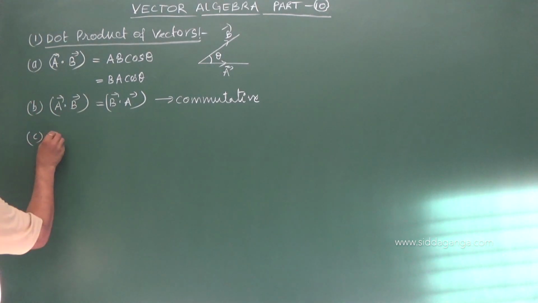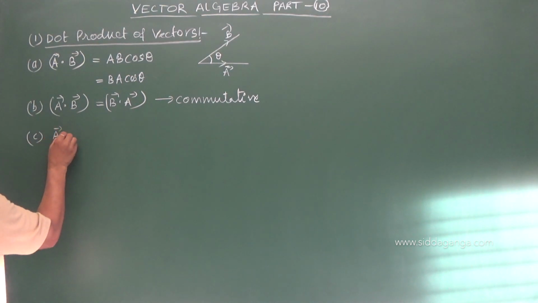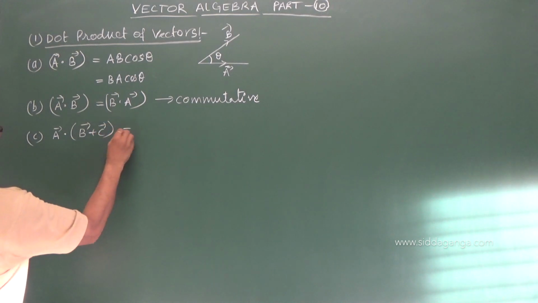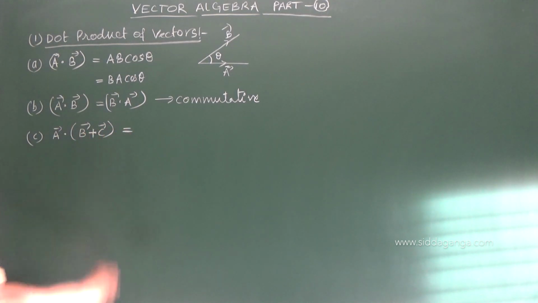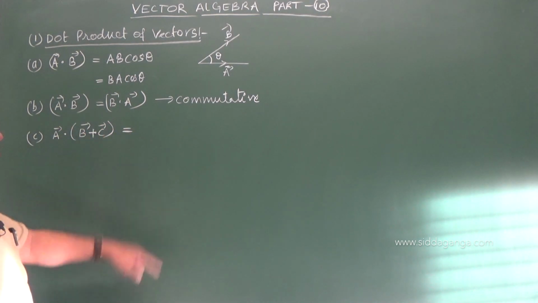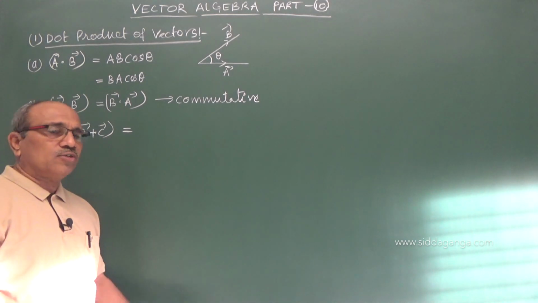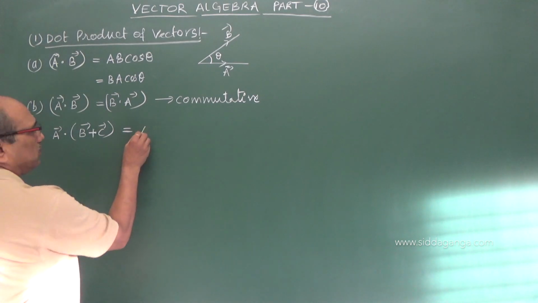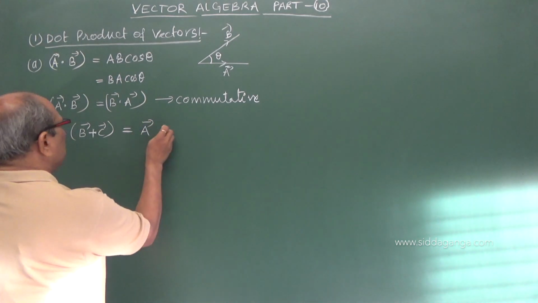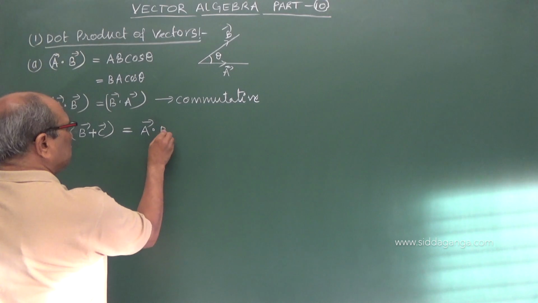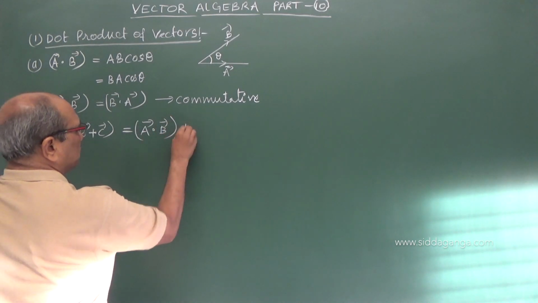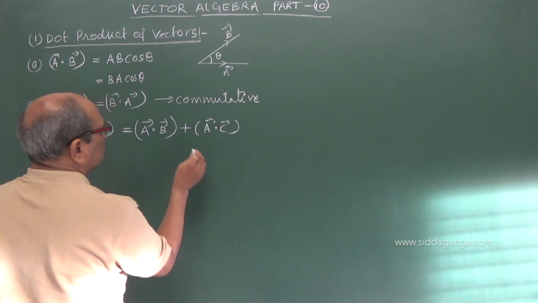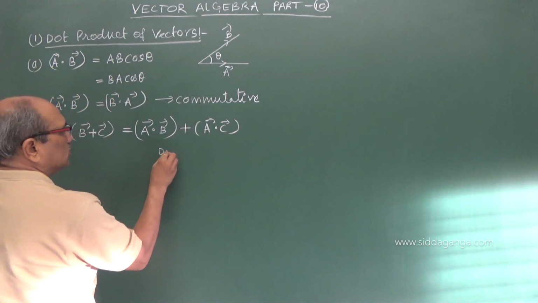And third, if I take A dot (B plus C), where A, B, C are vectors, I am taking the dot product of A with B plus C. This can be written as A dot B plus A dot C. This we call the distributive law.